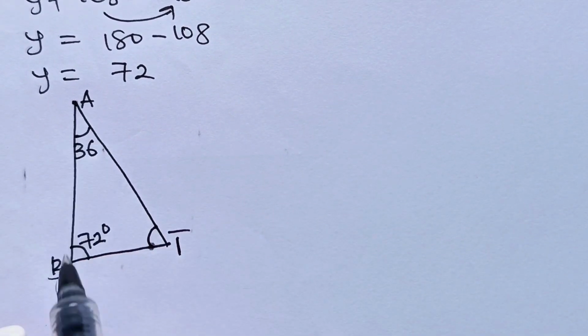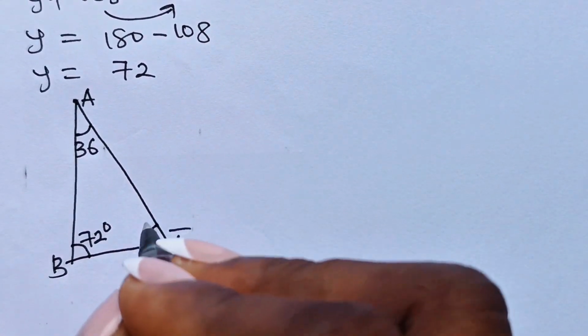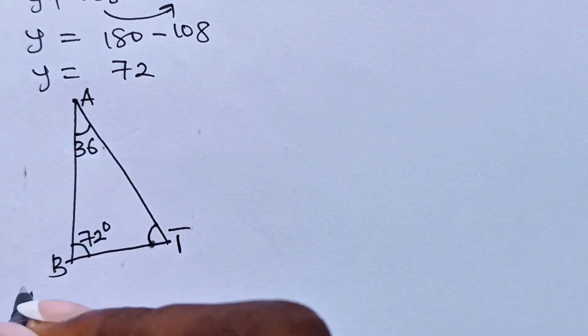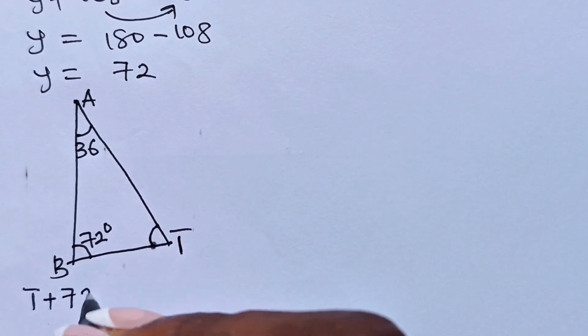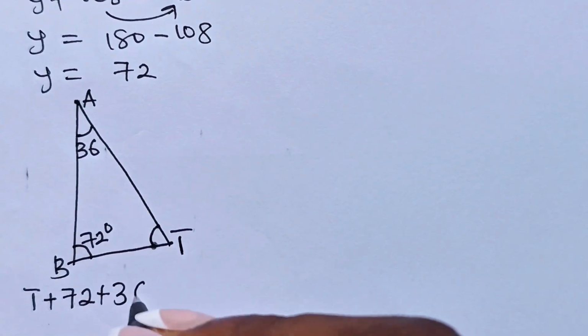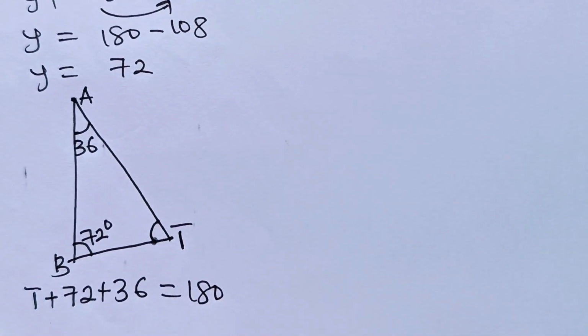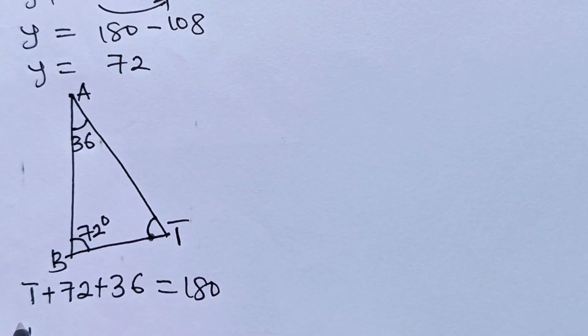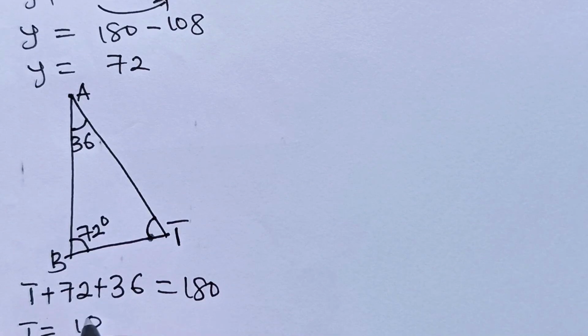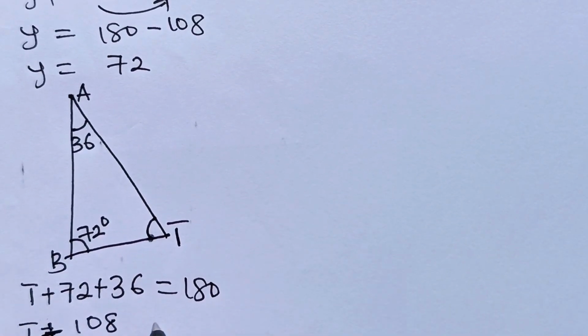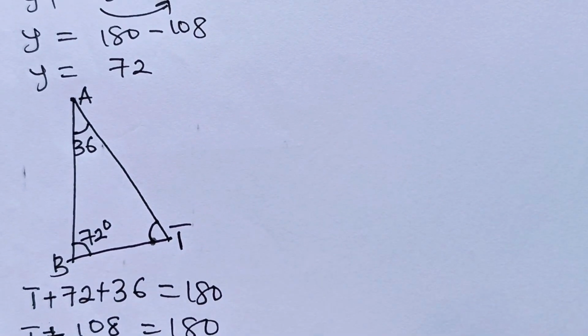The sum of angles in a triangle is 180. So angle T plus 72 plus 36 should give us 180. Now we have T plus 108 is equal to 180.